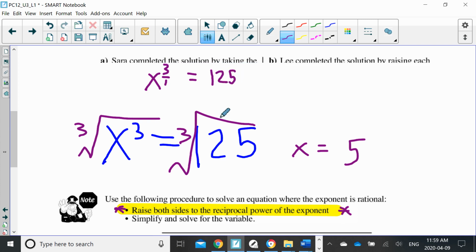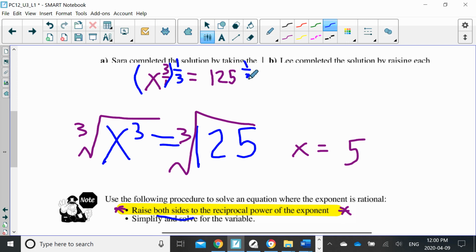What we could do with exponents, which you would have never seen in 10 or 20, is raise both sides to the reciprocal power of the exponent. My exponent is 3 over 1. The reciprocal of this is 1 over 3, and I have to raise both sides to the reciprocal power.